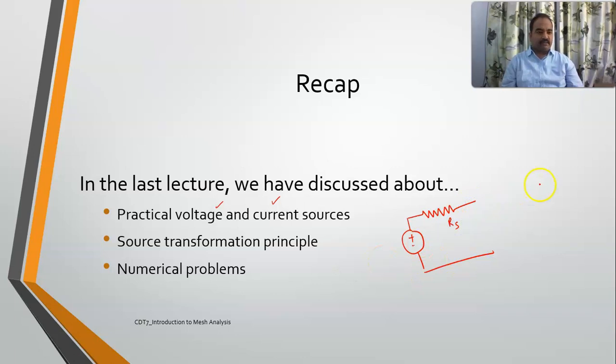This is a practical voltage source. Whereas a current source will be associated with a parallel resistance of a large value. So this is a practical voltage source and this is a practical current source. How to interchange between these two, we discussed in our last lecture.